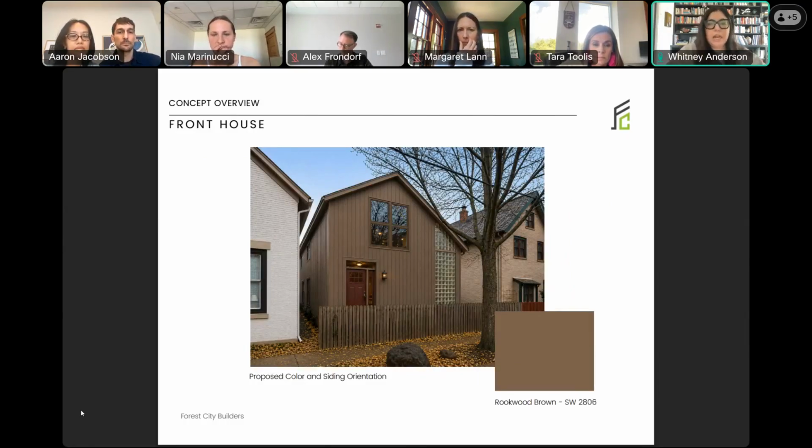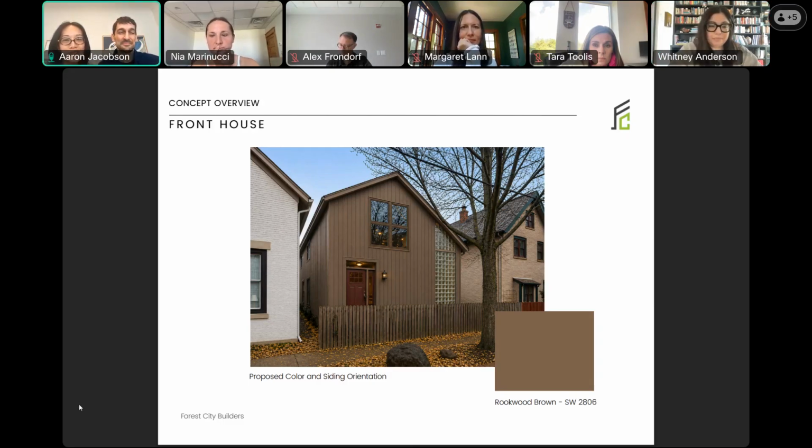And so it seems like maybe that might not be something you're interested in long term, if the end result does look like that. But I love the color. I like the vertical. I like that you're keeping the siding consistent throughout the home. I don't think that a change between front and back is necessary. So I'm excited about it.